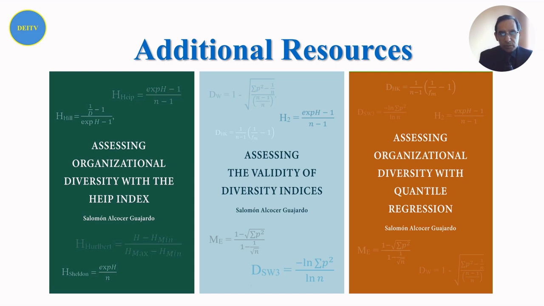The third resource that you can use is assessing organizational diversity with quantile regression. Again, that includes the indices that were discussed in episodes 1, 2, and 3. It also includes the Hurlbert logarithm-based index.